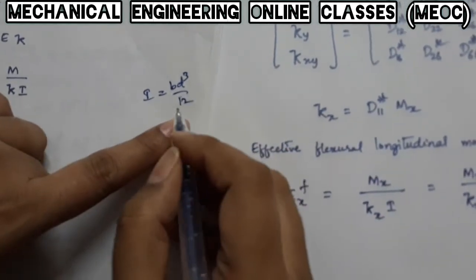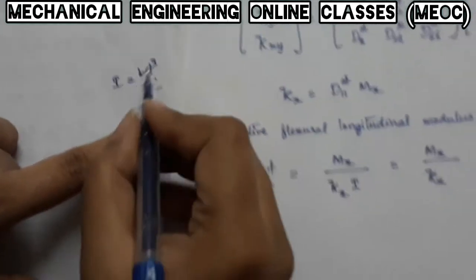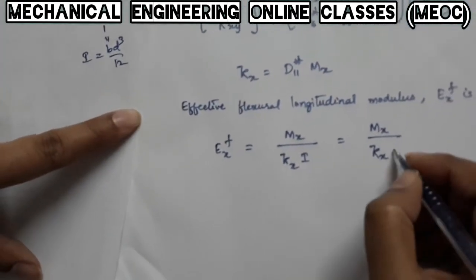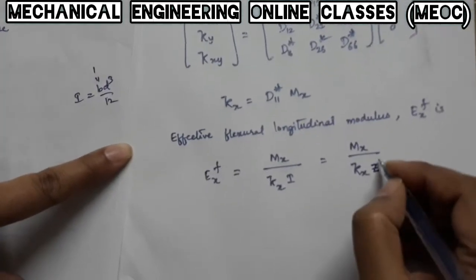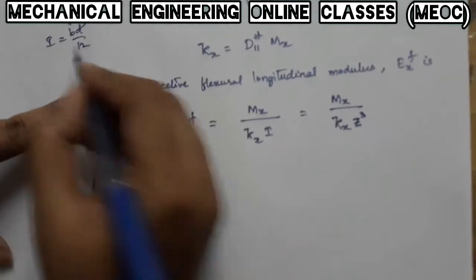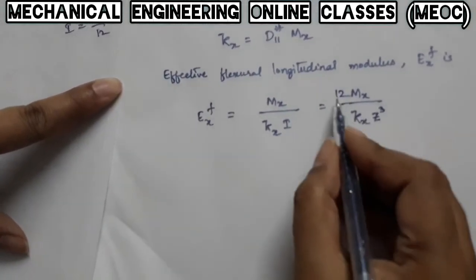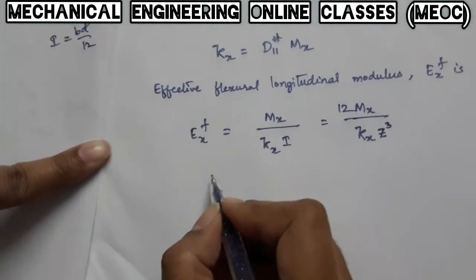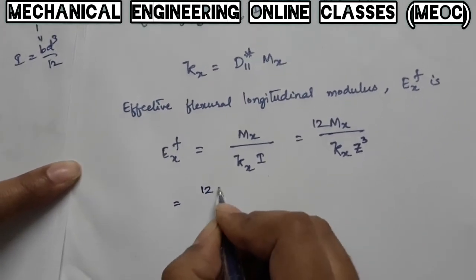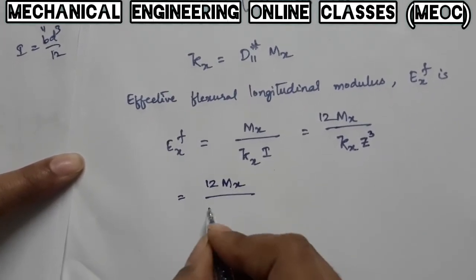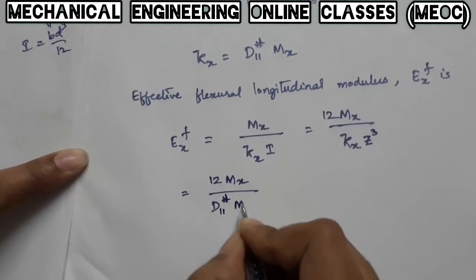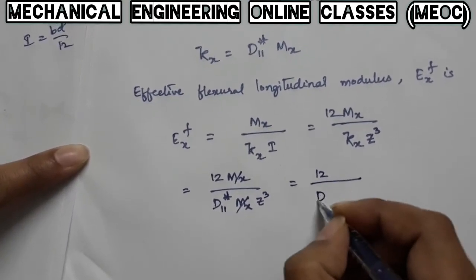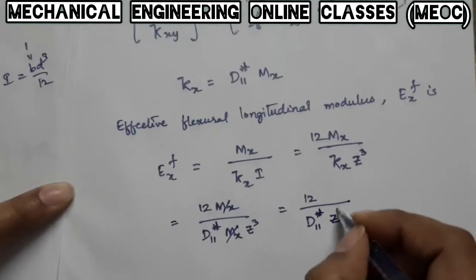I am assuming that the B value is equal to 1, and the thickness of the laminate is Z. So it is Z cube by 12. So 12 goes to the numerator. So it is 12 Mx by Kx into Z cube. But we have also found out what Kx is. So I am replacing that term here instead of Kx. 12 Mx by D11 star into Mx into Z cube. So it is 12 by D11 star into Z cube.